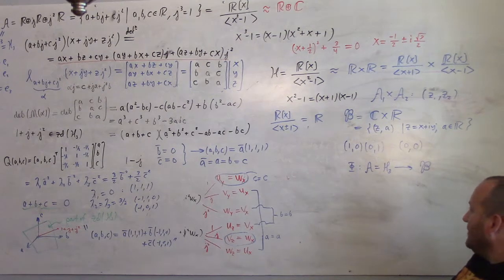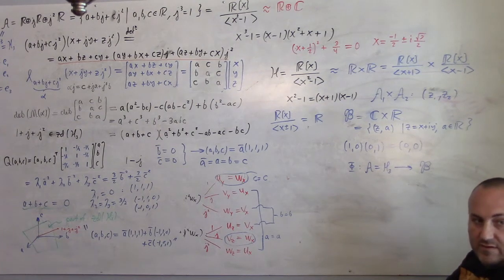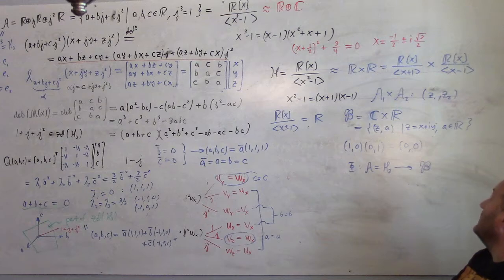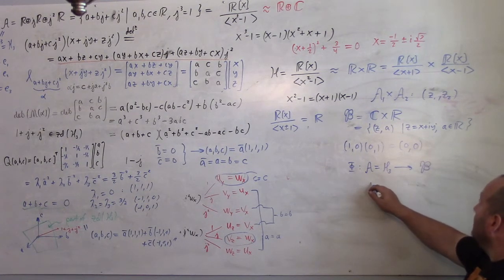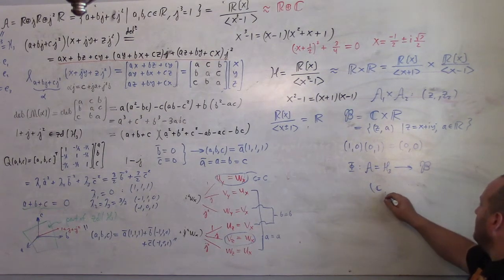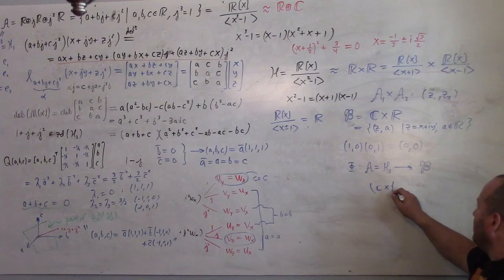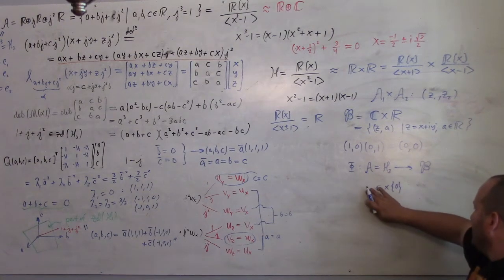But like that plane of zero divisors in H3, it ought to correspond to, like, C cross zero.